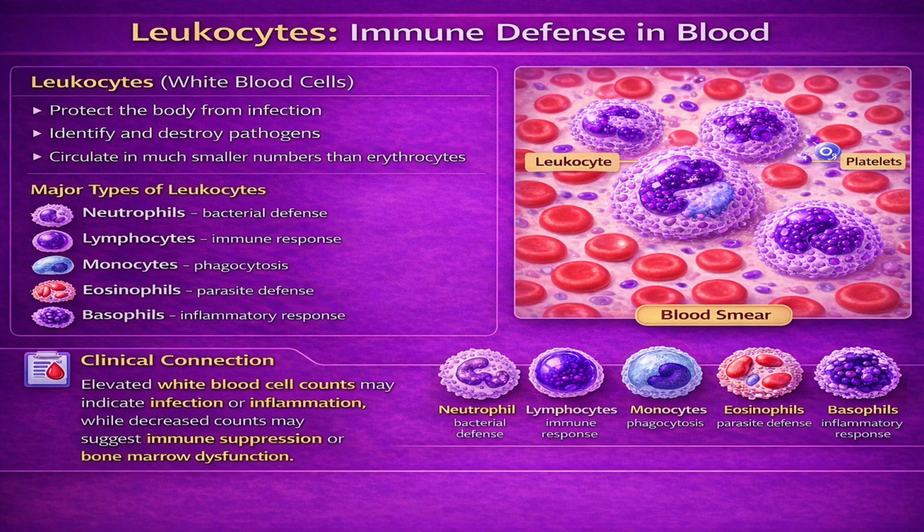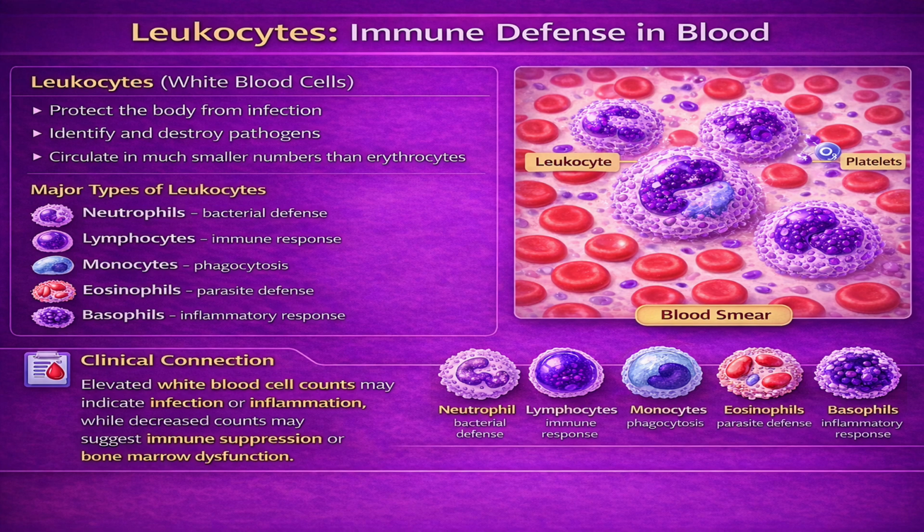There are several different types of leukocytes, each with a specific function in the immune system. We have first the neutrophils, the most abundant type, which are particularly effective at destroying bacteria. Next, we have lymphocytes. They are responsible for coordinating immune response and producing antibodies.